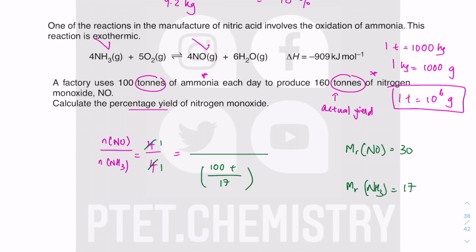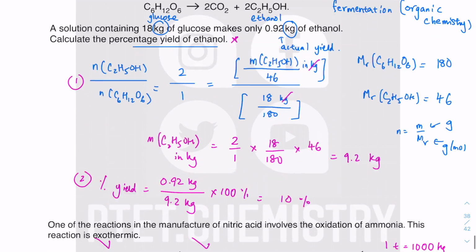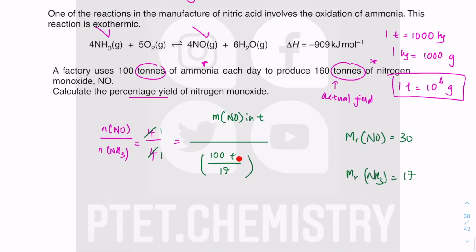So based on that, what is my theoretical mass of NO in tons? Because this is in tons, just like the previous question. If this was in kilogram, this would be in kilogram because these are mole ratios. So since this was in tons, I'll leave this one in tons as well to make our life a lot easier. Mass over the MR, 30.